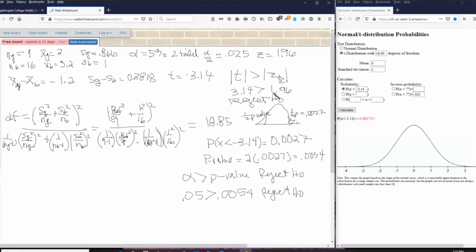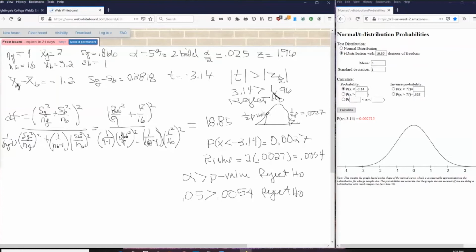So what that tells us, our conclusion is at the 5% significance level, the data shows sufficient evidence to conclude that the mean number of hours girls and boys aged 7 to 11 play sports per day is not equal. Those are going to be different values.